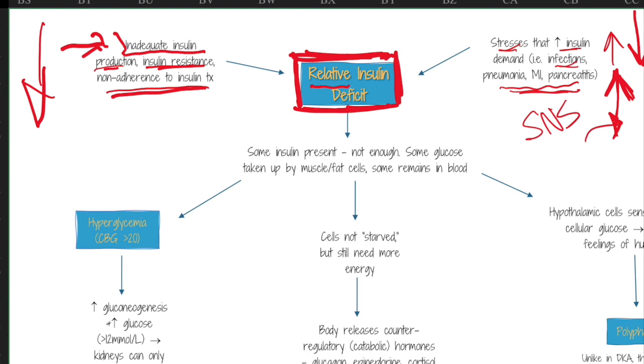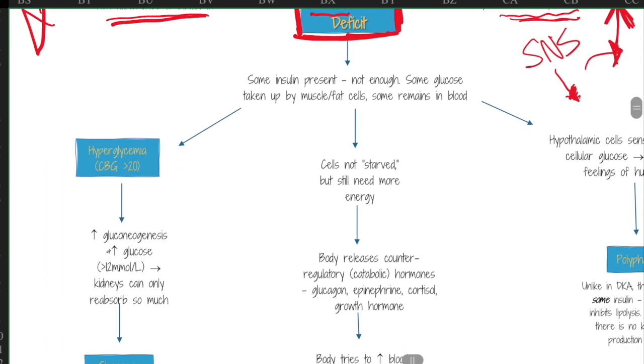So it's going to take some of the glycogen in your liver and break it back up into glucose and send it out into your blood. You have to have something to do with that glucose, or it's just going to build up. Some of it will be taken up by the muscle and the fat cells, and some of it will remain in the blood.